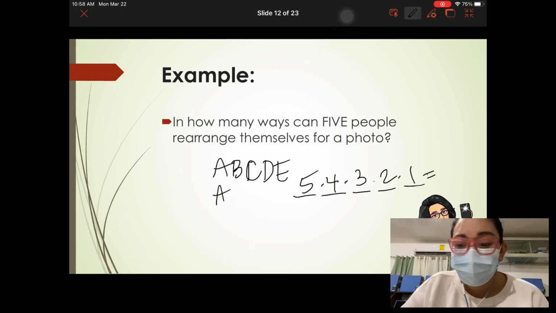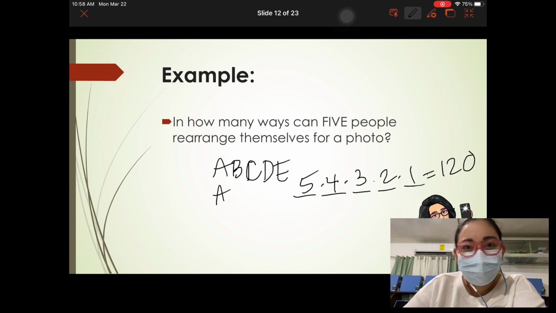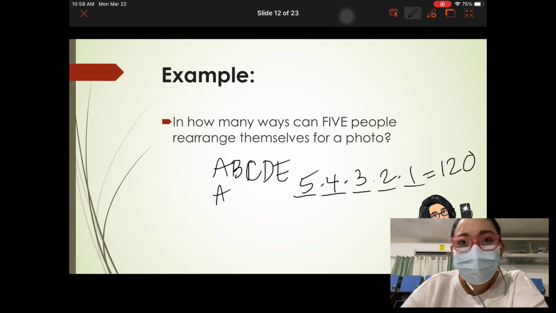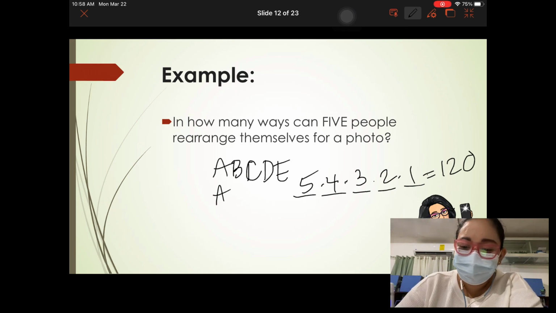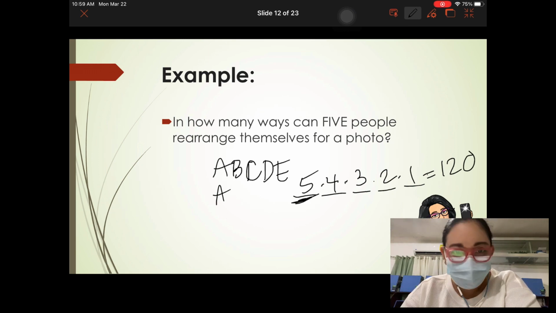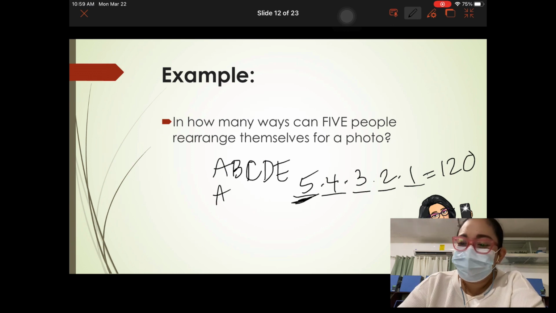You multiply all of this. That's 120 ways. Diba? Imagine nyo, 5 people lang rearranging for a photo. There's a total of 120 possible ways that they can rearrange themselves. Okay ba? So, ginagamit lang natin dito ang fundamental counting principle. So, again, bakit nababawasan yung choices? Kasi, may nakaupo na dun sa first seat. Okay? Kaya siya nababawasan. Alright.